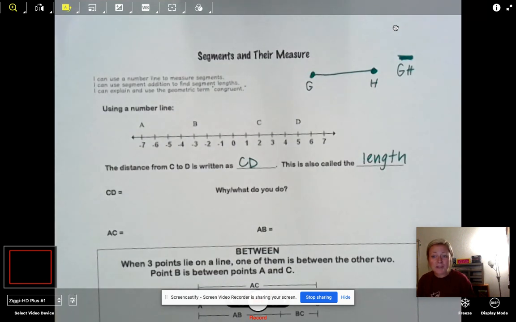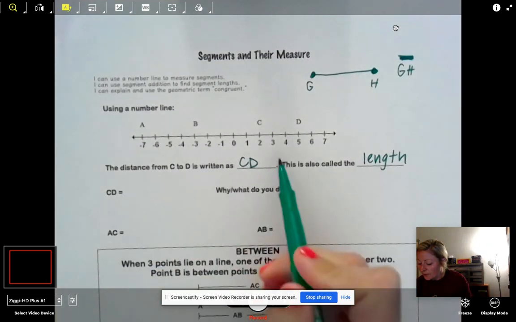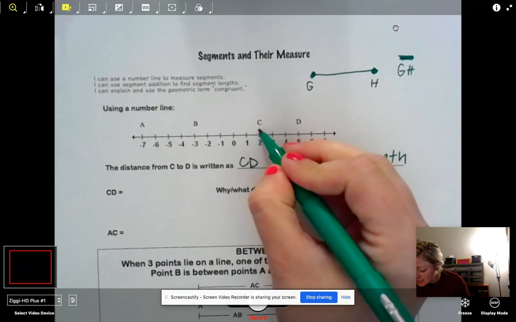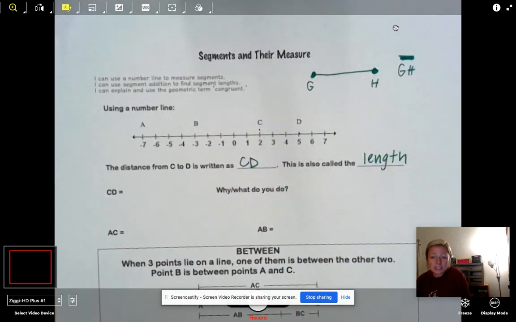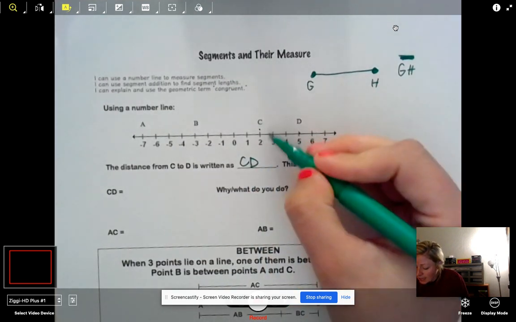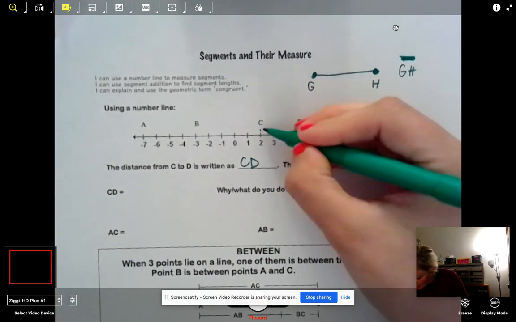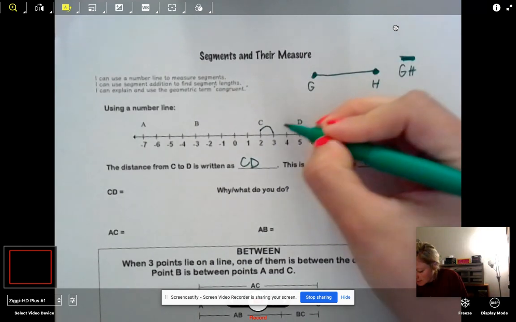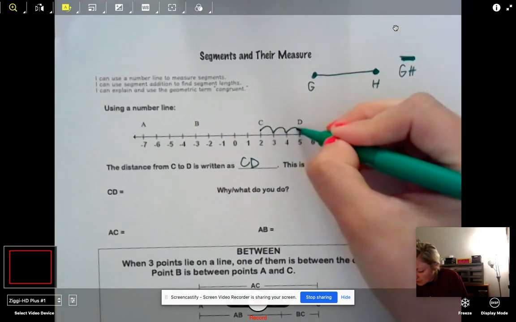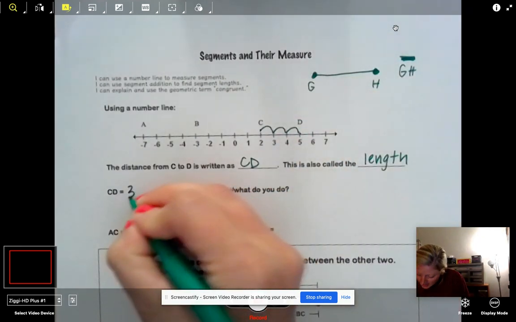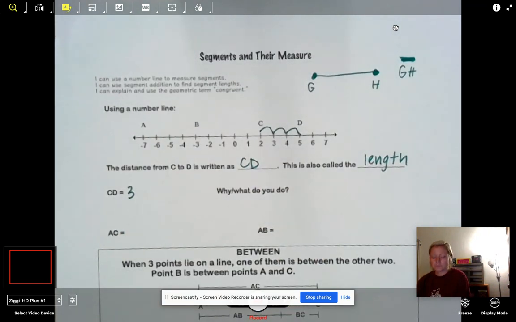So let's actually find out what that is. If I want to find out how far it is from C to D, we just count on a number line. I like to do the bunny hop thing or the Frogger thing. So there's 1, 2, 3. So CD is 3 units long. Well, what did we do?